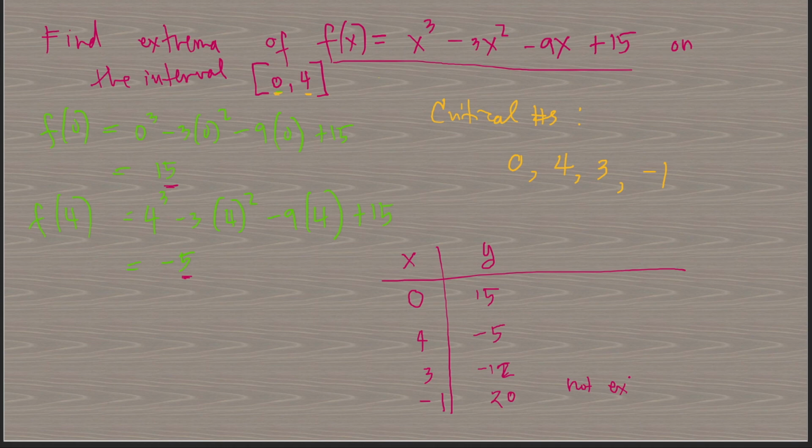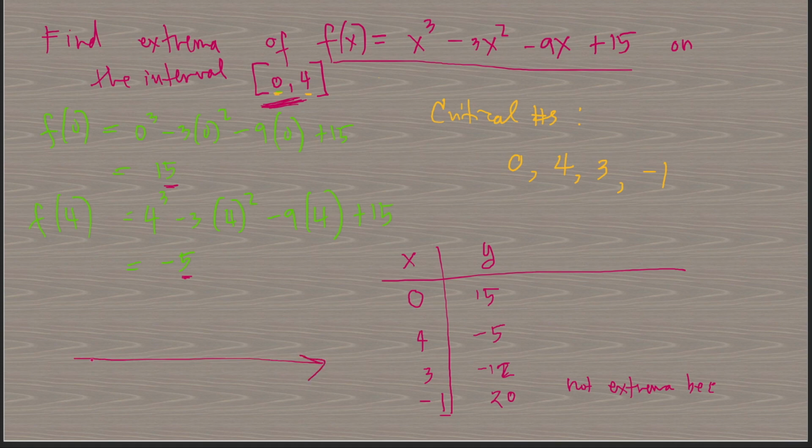Not extrema because 20 is not in our interval. The x value here is -1, so -1 is not included in 0 to 4. So it violates the condition in the given function. We are only allowed x values from 0 to 4, and -1 is not in the interval of 0 to 4.